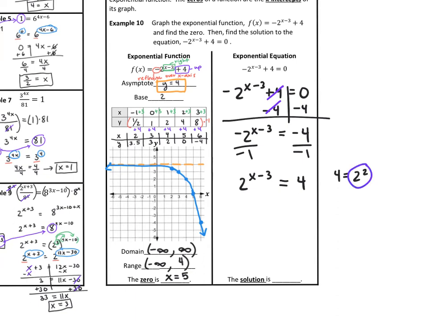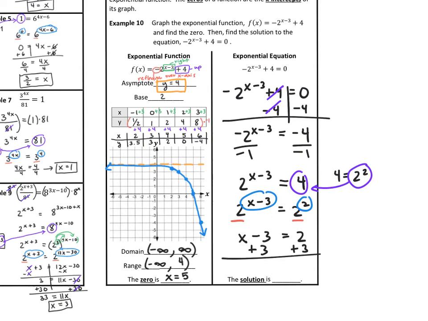So can I replace this with 4? Yeah. 4 becomes 2 to the second power. We have the same base, so that means that these exponents are the same. And so that means that x minus 3 equals 2. Then solving for x, we add 3 on both sides, and x equals 5. What do you know?